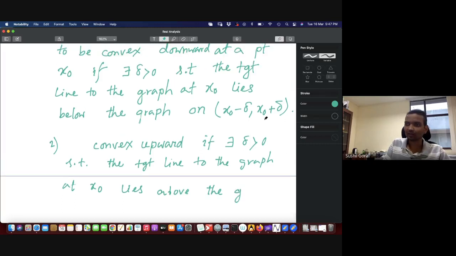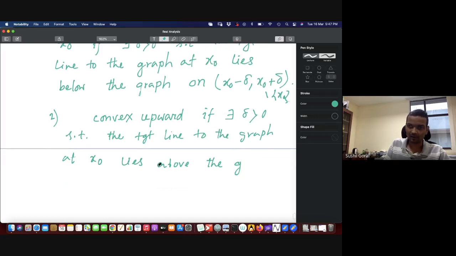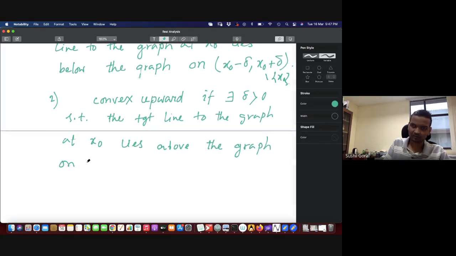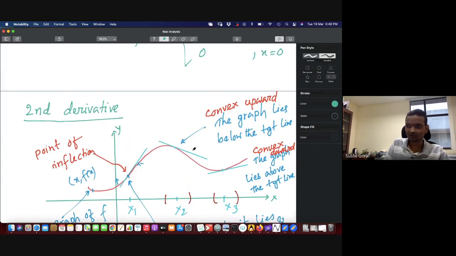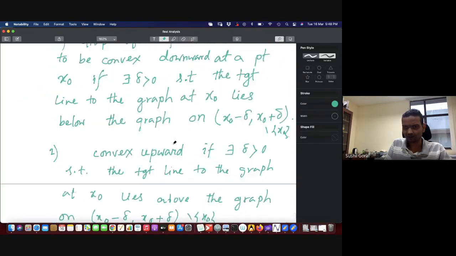So above the graph here, you have to exclude the point x naught. At x naught, they are equal. Lies above the graph on x naught minus delta to x naught plus delta minus the point x naught. So this is the picture. This is convex upward. So at the point x naught, these two are equal. Other points, they are not equal. Though the picture looks like they are touching, they are touching only at one point. That is definitely clear for all of you.